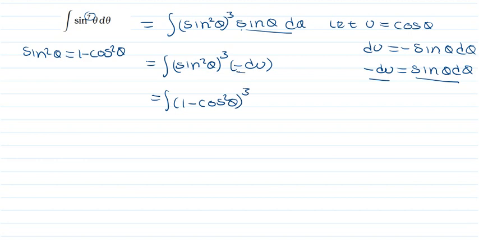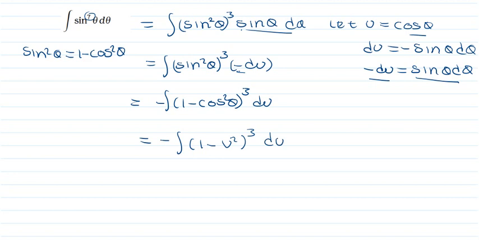Then the negative on the du part, we can remove it outside. So we're going to have negative, the negative of the integral here, so that we cater for this negative inside. Then du here. So we said u is equal to cos theta, meaning that wherever there is cos theta, we can put u. So this will be equal to negative the integral of 1 minus u squared power 3 du.